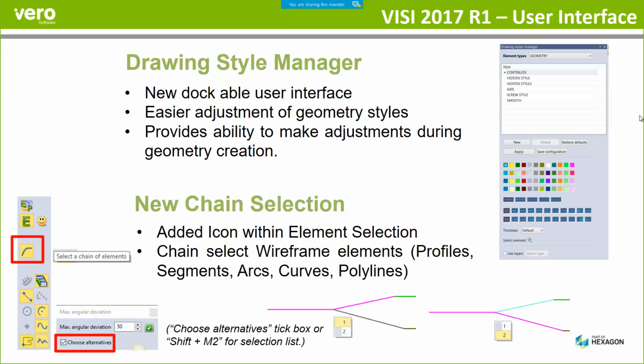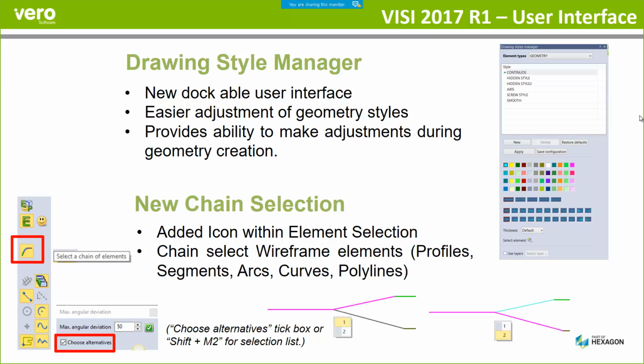So it saves us having to create geometry and then go and change attributes afterwards. You're more inclined to do it as you're creating the geometry. And there's a few new functions as well being incorporated inside this to be able to set working layers and create geometry and have them automatically be created on certain layers and things like that. So you'll see that in a second on the movie.